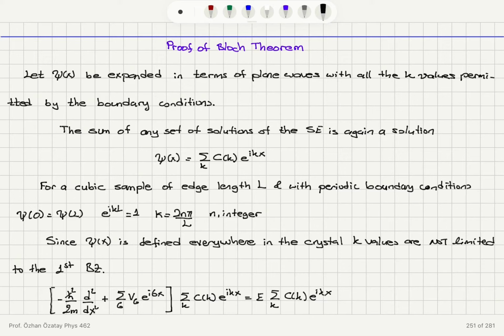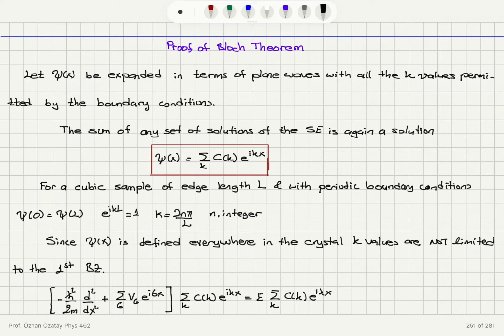Since psi of x is defined everywhere in the crystal, k values are not limited to the first Brillouin zone. It's a delocalized wave. If you write the Schrodinger equation taking this form, the wave function expanded into plane waves, sum over k c_k e to the ikx.